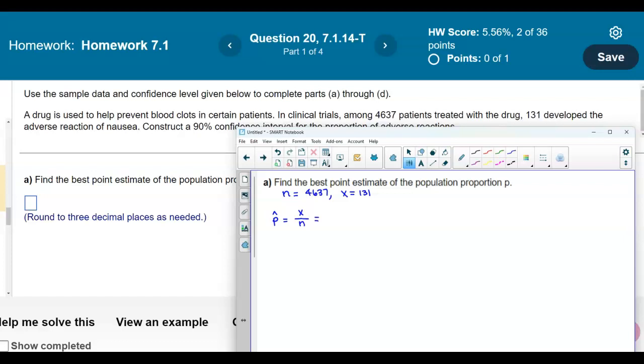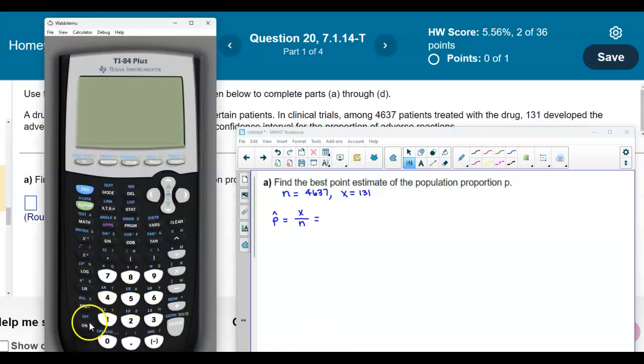So let's figure out what that value is, and then we need to round it to 3 decimal places. We're going to take 131 and divide that by 4,637.